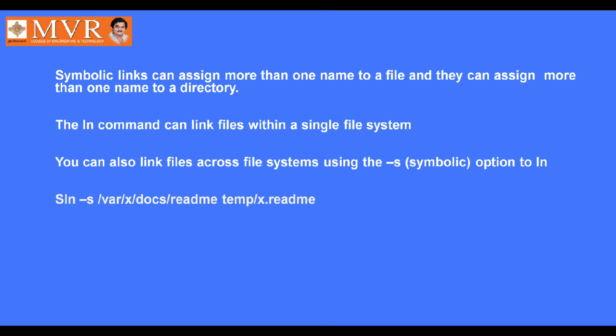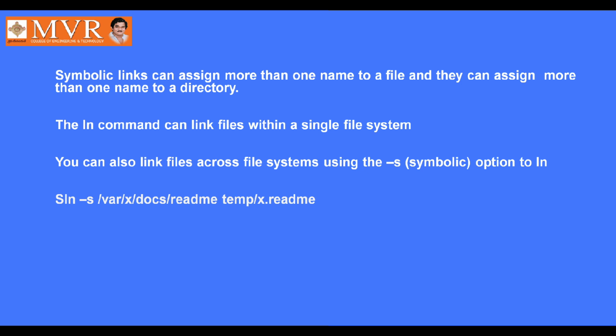You can see the example given here: ln with the -s option, where /var/x/docs/readme is the file which is staying in some docs directory, and we are going to link it as /temp/x.readme.